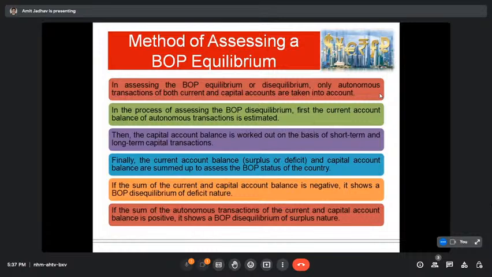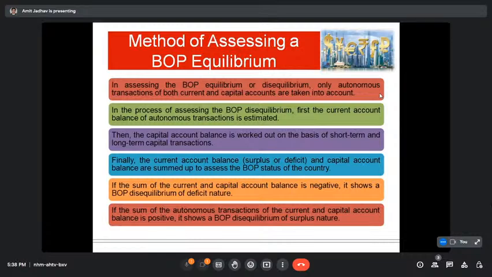So basically, when assessing balance or imbalance of payments, we only consider autonomous transactions of both current as well as capital accounts. In this process of assessing BOP disequilibrium, first the current account balance of autonomous transactions is estimated. So what we have to do first is estimate the current account balance.